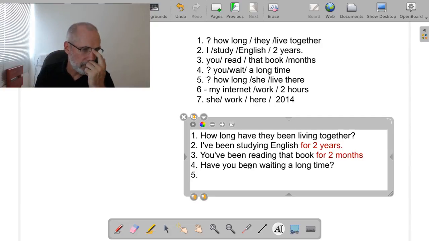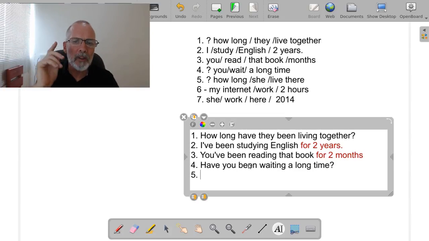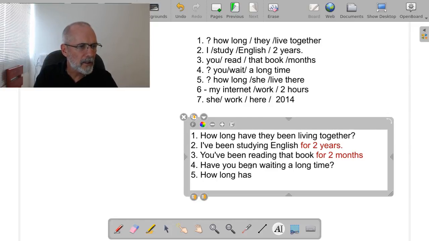How long have she been living there? One mistake, because it's a she. How long has Jorge has got the has, she, but what's the next word? How long has she been living there? Sarah and Mirna have the right answer, and Miller also has the right answer. How long has she been living there?